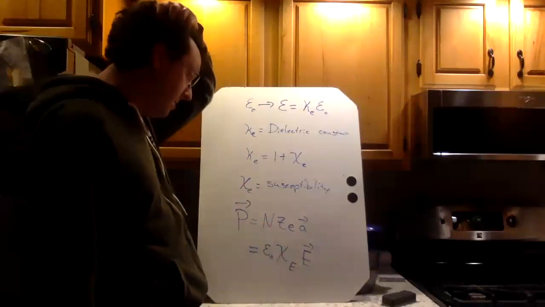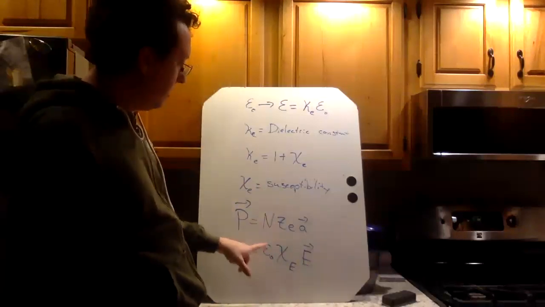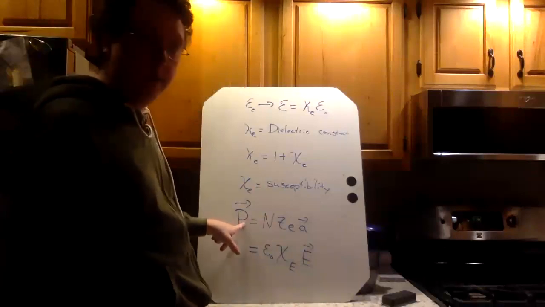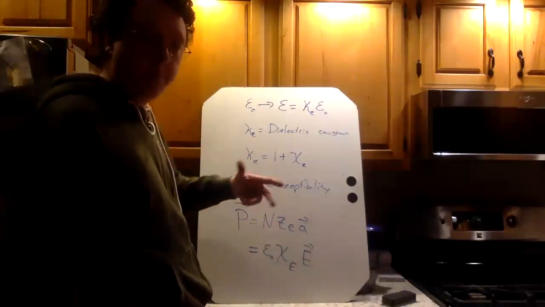So the polarization vector measures how much polarization has occurred.